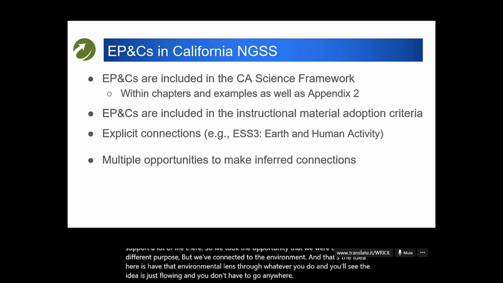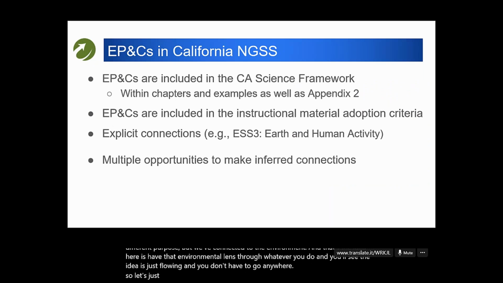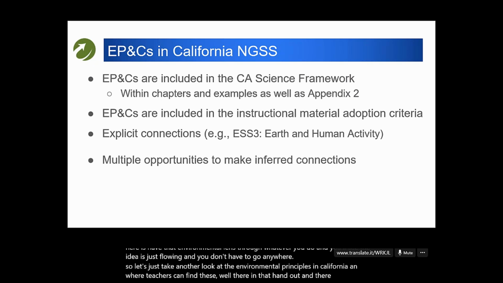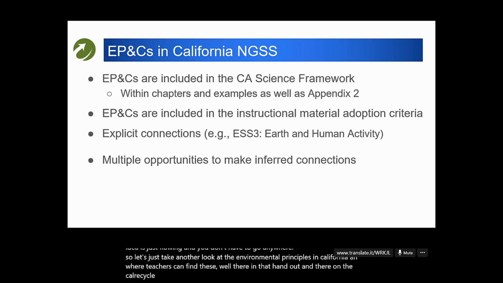So let's just take another look at the environmental principles in California and where teachers can find these. Well, they're in that handout and they're on the CalRecycle website for EEI. But you're going to find these environmental principles and concepts woven into the California Science Framework.